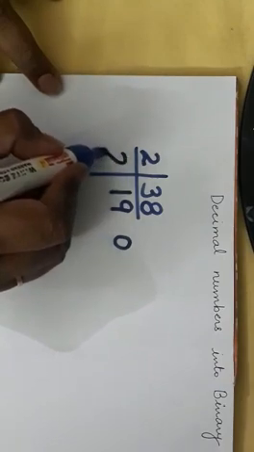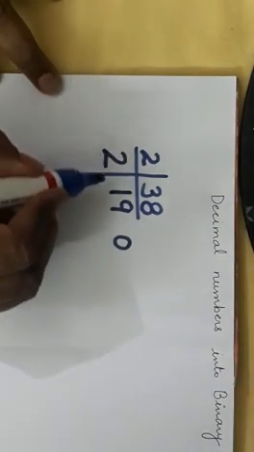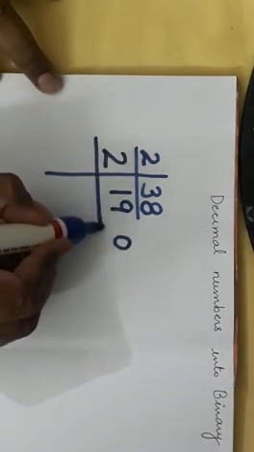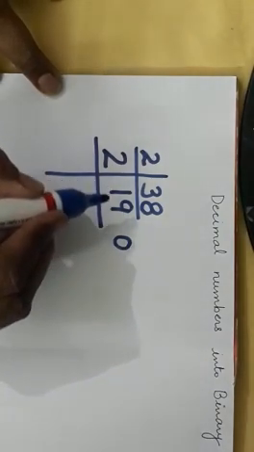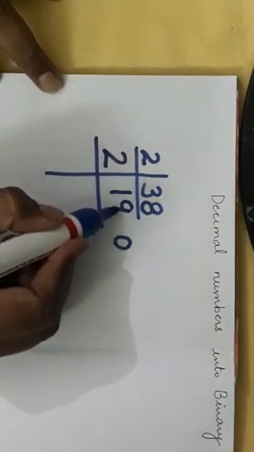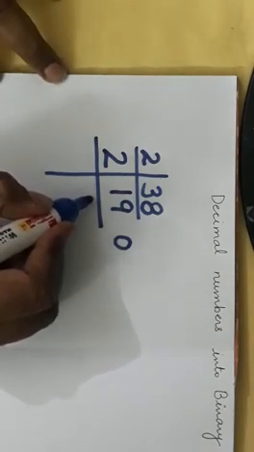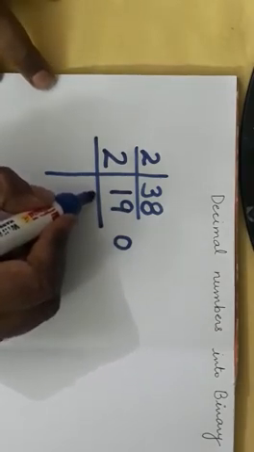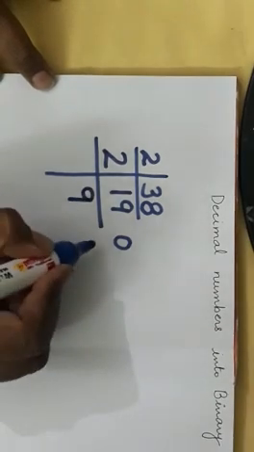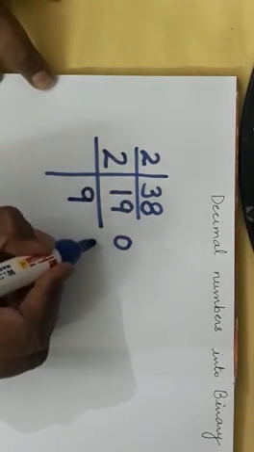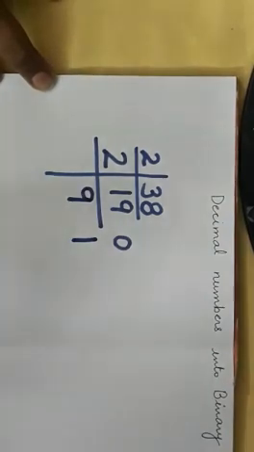Now again with base 2, we will read the table till 19. It will go 9 times and the remainder will be 1.